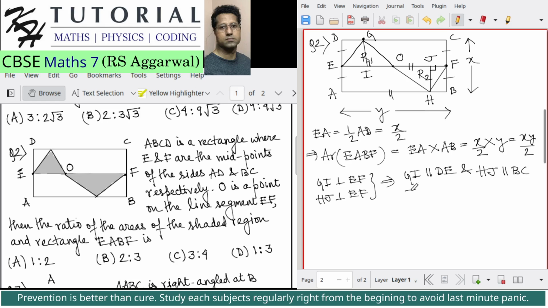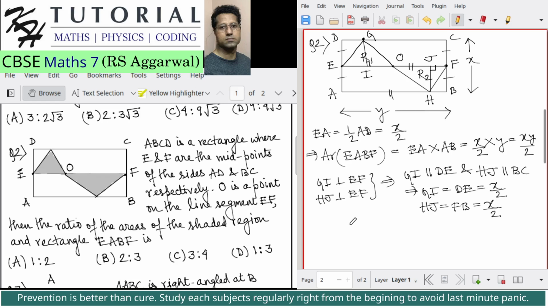So GI will be equal to DE, and since E is the midpoint of AD, DE will be half of AD, which is equal to X by 2. Also HJ will be equal to FB, and since F is the midpoint of BC, FB is equal to X by 2.